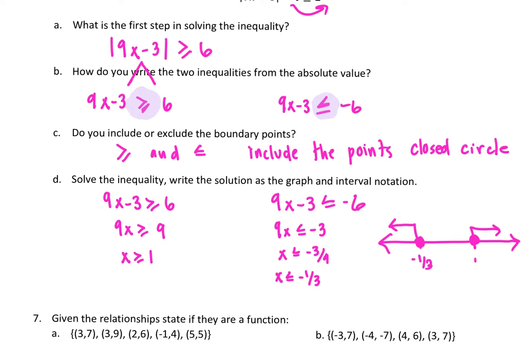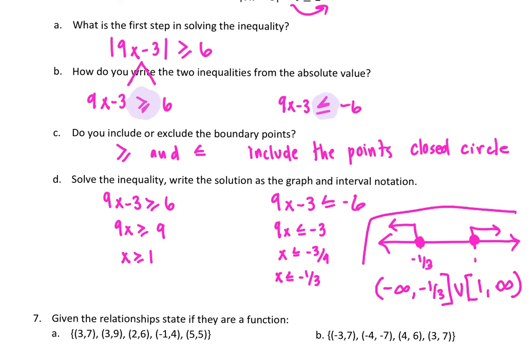And after we get the graph, it's pretty easy to get the interval notation. We just will go from left to right. So reading that interval, number line left to right, we start at negative infinity to negative 1/3, include the negative 1/3, and then from 1 to infinity.